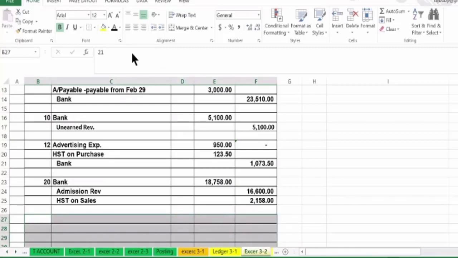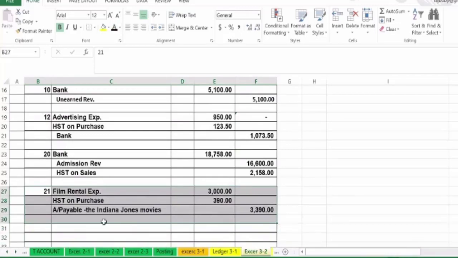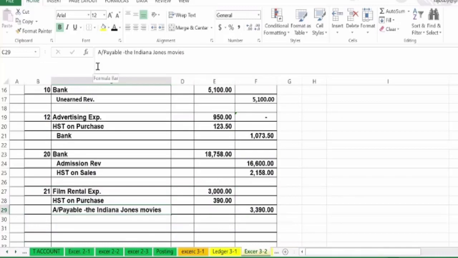Then accounts payable to, who is it? So I guess we don't know the name of the company. So accounts payable will be 3,000, and then HST on sales will be 390. And then we'll make a note that we'll pay in 10 days.